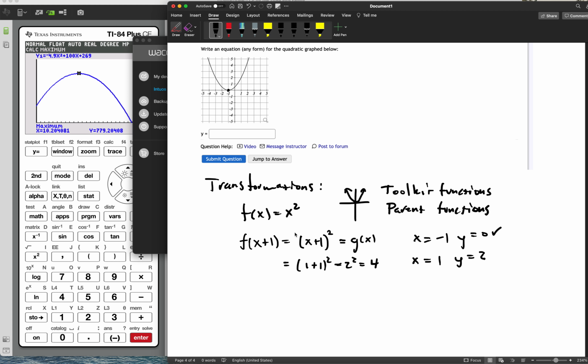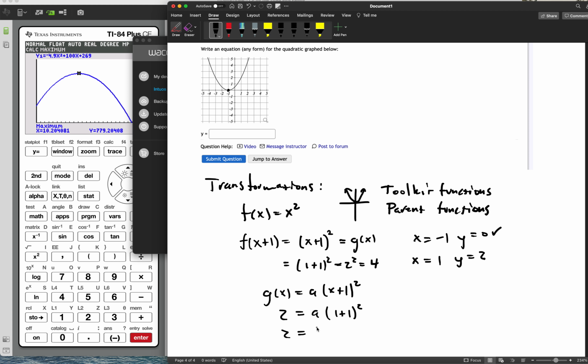So we have to go one step further, and we know that g of x is going to be equal to a times x plus 1 squared. And like I just said, when x is 1, y should be 2. So we have 2 is equal to a times 1 plus 1 quantity squared.